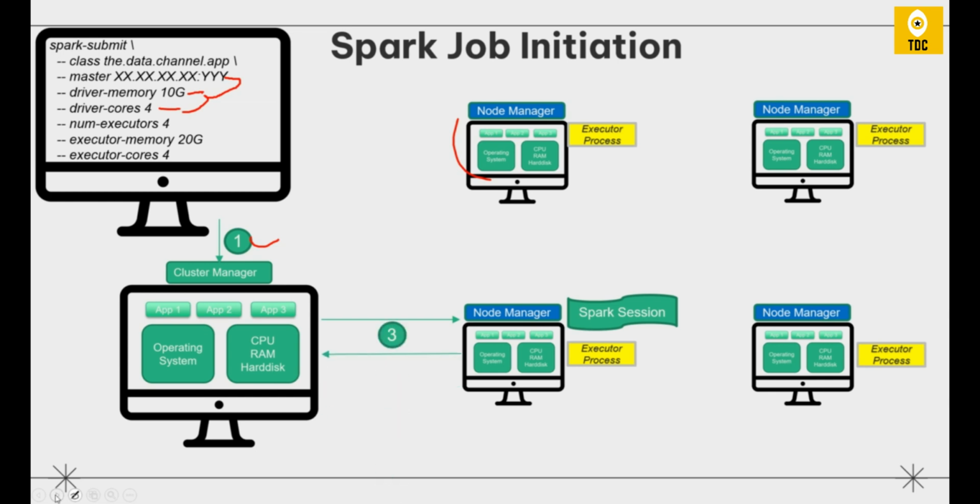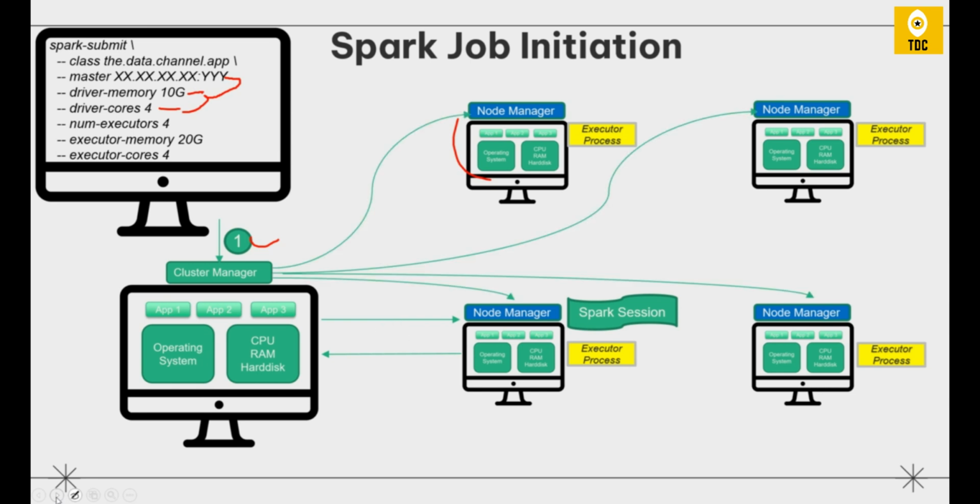The node manager will inform the cluster manager of the stats of what is needed for that job to execute. And then the cluster manager will take that information, and it will trigger a notification to all of the node managers to start executing the job.